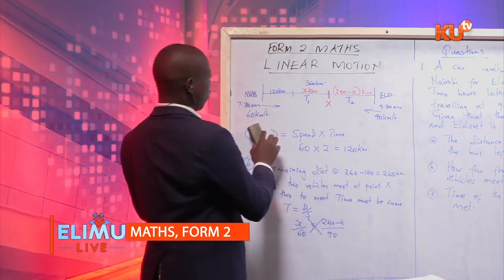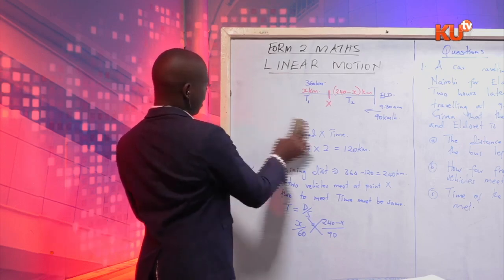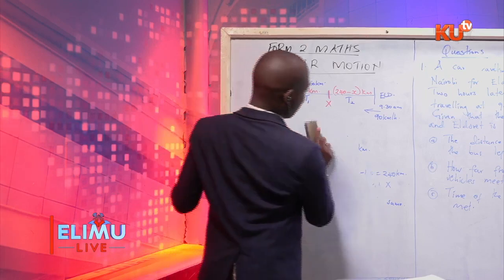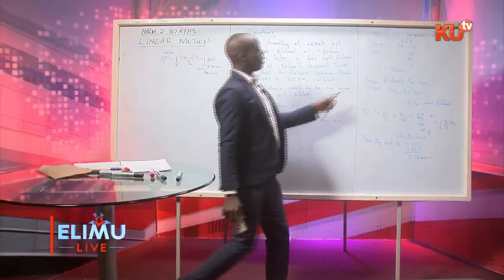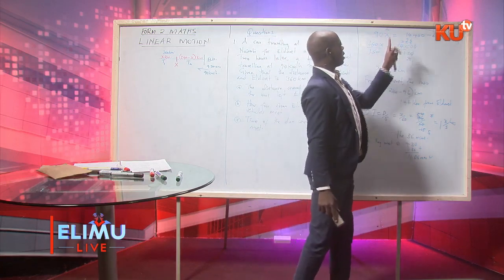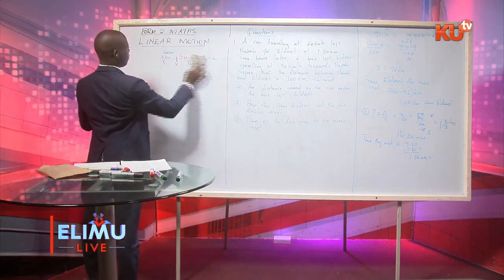Let's try one where the objects are moving in the same direction. I hope you are able to see that the relative speed, because they are in opposite directions, is 60 plus 90, that's why we got 150 kilometers.